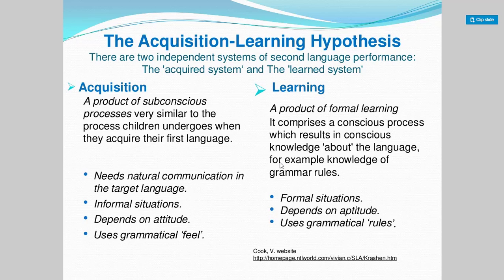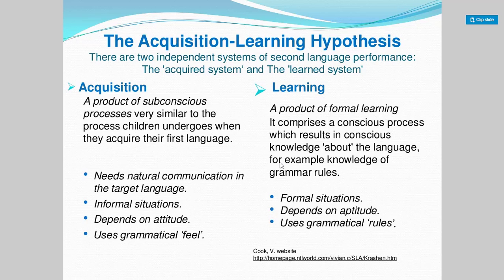Number one, that this needs natural communication in the target language, right? So if you listen a lot, therefore you need to produce a lot too. Why? Because you need to practice, right? The more you listen, the more you can speak. But if you don't listen to anything, how are you going to be supposed to produce?